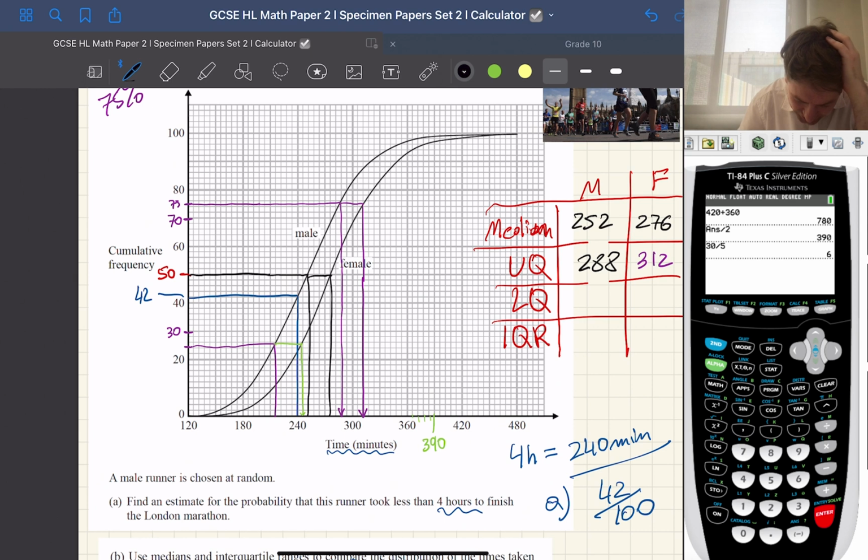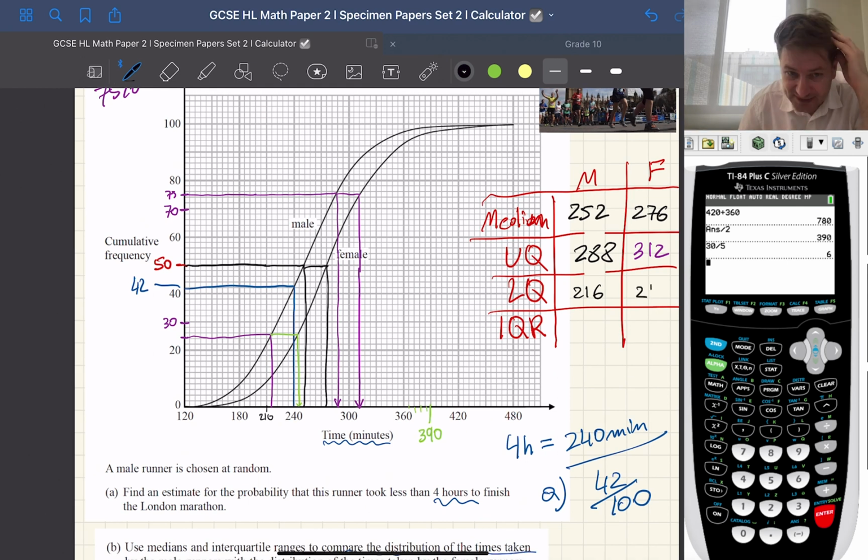So we got 30 to be, that's gonna be 210, 216, I would say. And my green one, 246 there. Interquartile range for the male, I have 288 minus 216.